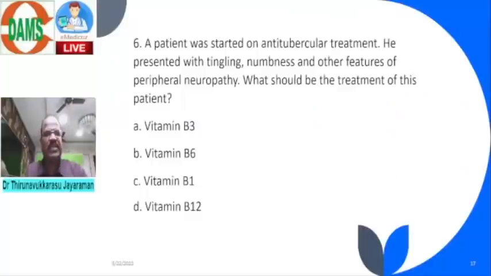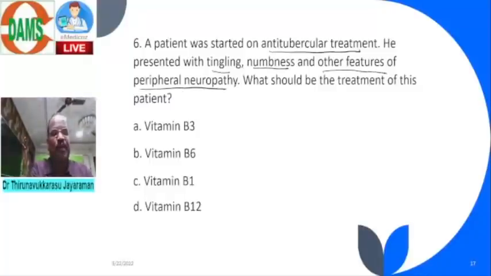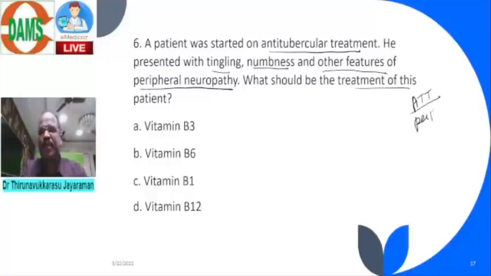Okay, next. A patient was started on anti-tuberculosis treatment. He presented with tingling, numbness, and other features of peripheral neuropathy. What should be the treatment for this patient? Straight question, doctor. The patient was started on anti-TB therapy and developed peripheral neuropathy.